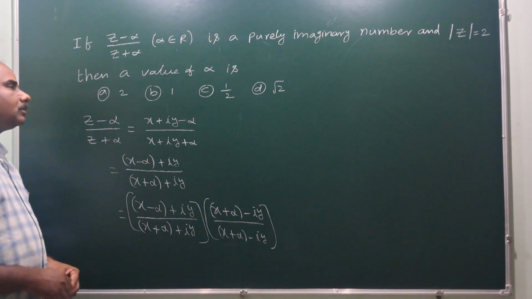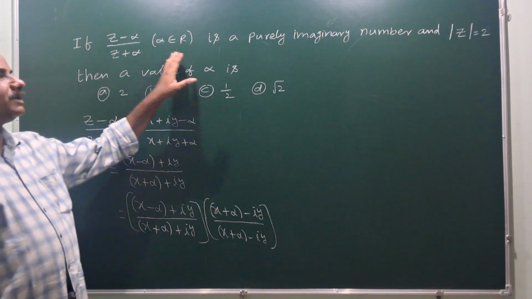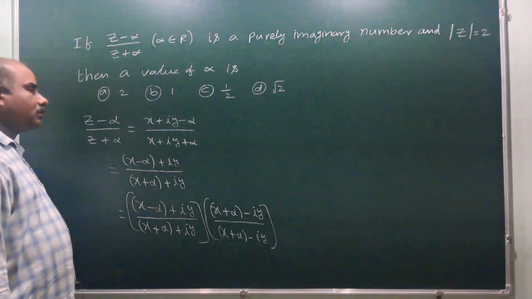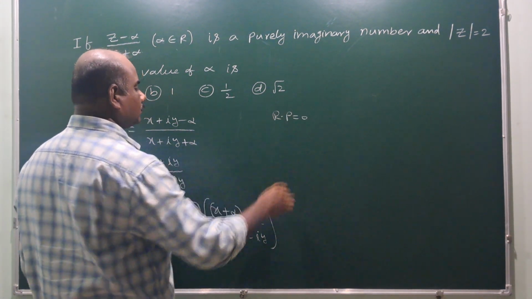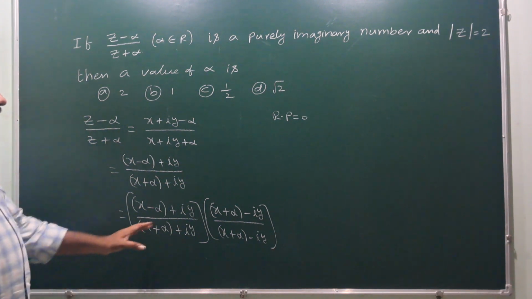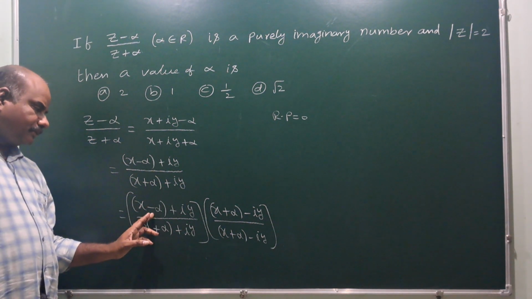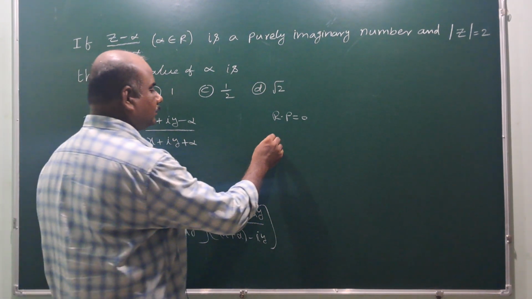So now we need only the real part. Since the given complex number is purely imaginary, the real part is 0. In the numerator, multiply the real parts, x minus alpha into x plus alpha.